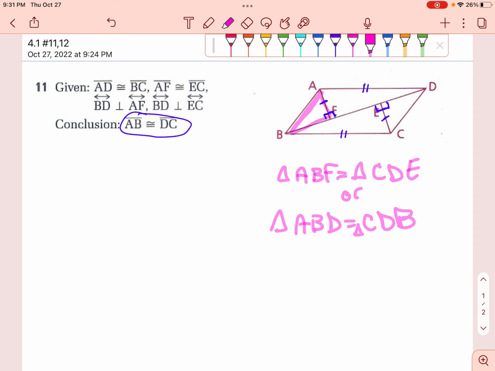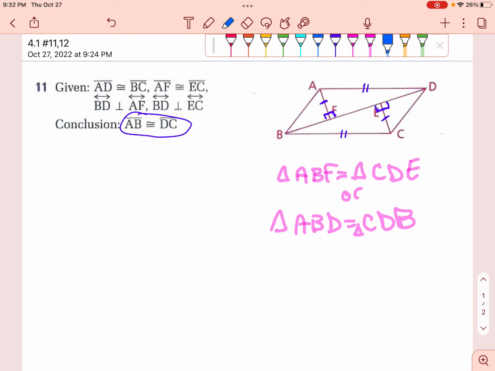I cannot, actually. I only have a side and an angle, so I cannot get those equal. Okay. The big triangle, I only have a side and a reflexive side right here. So I cannot get those.